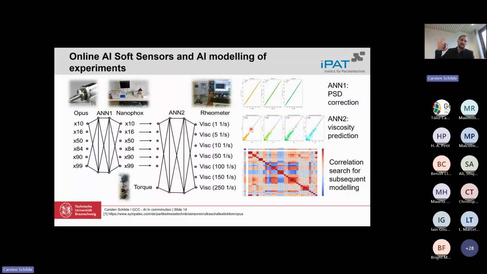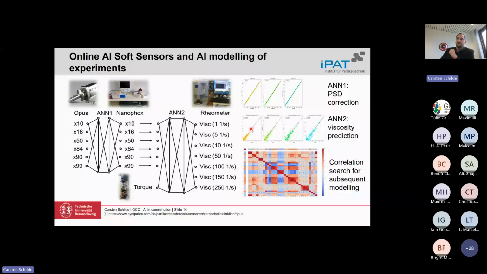So we adapt just a simple artificial neural network, which doesn't do anything else than act as a translation function between our online particle size measurement and the real offline particle size measurement. That means now we have in our system online the real offline-measured particle size distribution. And then we did something else on top.